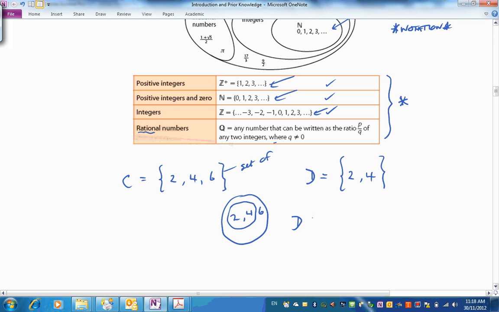I think the easiest way to remember it is D is contained within C. It's like the less than symbol, isn't it? In numbers, 2 is less than 3, so it's sort of the same idea.